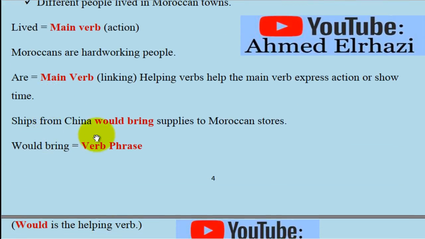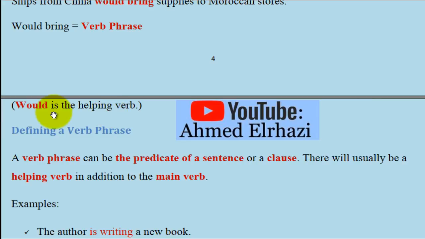Ships from China would bring supplies to Moroccan stores. Would is a modal verb, and then another simple verb is added, so all of it is considered a verb phrase. Would is a modal verb; bring is a normal verb. Would is the helping verb here, since modal verbs are considered helping verbs, as we will see shortly.